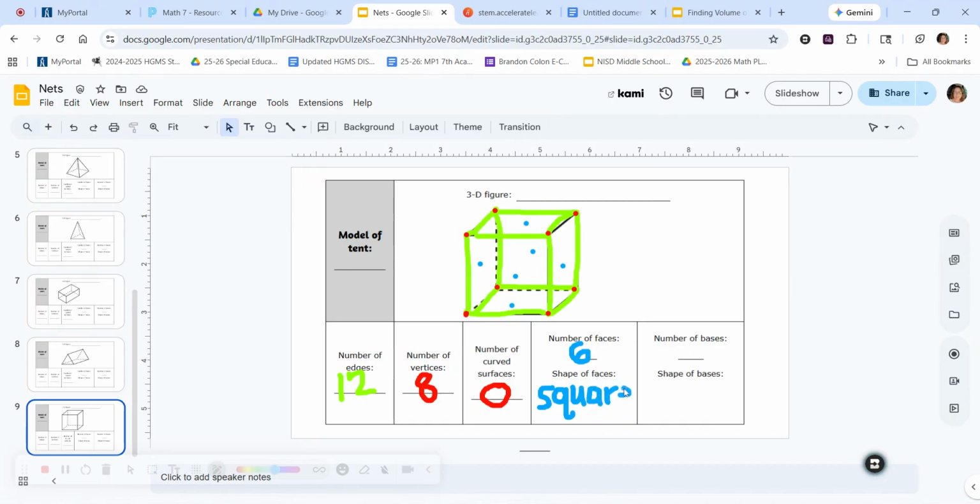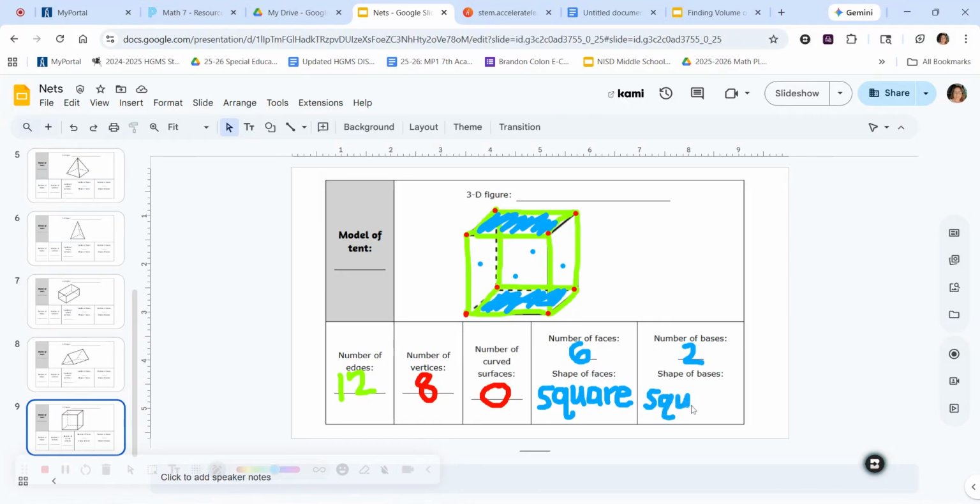And remember, in order for it to be the base, it has to be the same from one side to the other. So we do indeed have the base here. They are opposite of each other. There's 2 of them there. So 2 bases. And again, they are shaped like a square.